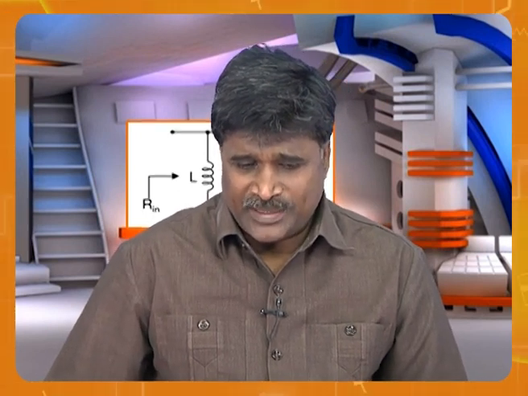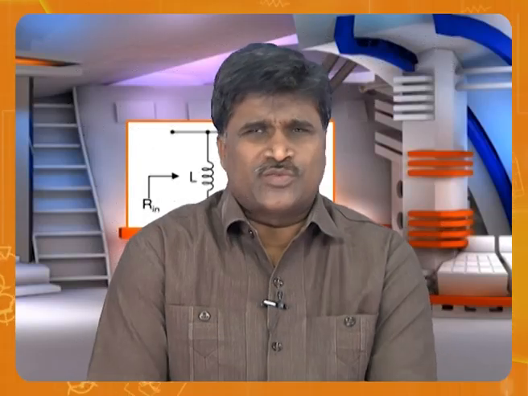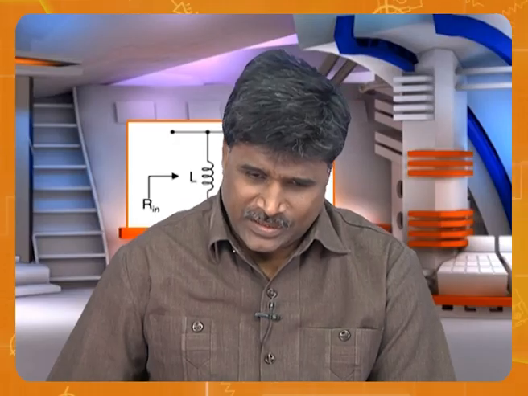If you keep the capacitor on the supply for a long time, what will happen? The total voltage will be charged. And when the voltages are equal, no potential difference. When there is no potential difference, what will happen? Current is 0. So that is the meaning.